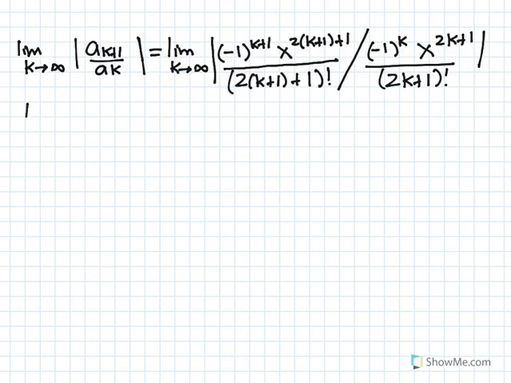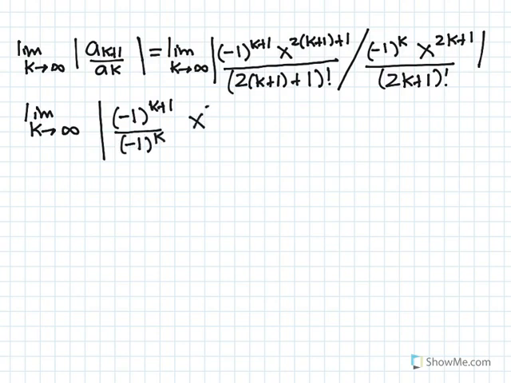So let's simplify this. We get limit k approaches infinity, absolute value of -1 to the power of k plus 1 divided by -1 to the power of k, x to the power of 2k plus 2 times 1 and then plus 1, so we get 2k plus 3, divided by x to the power of 2k plus 1.